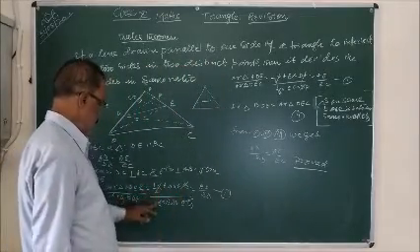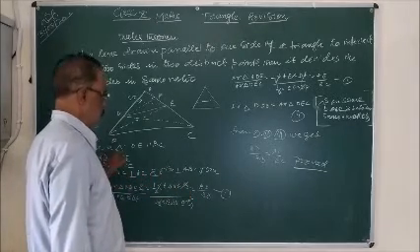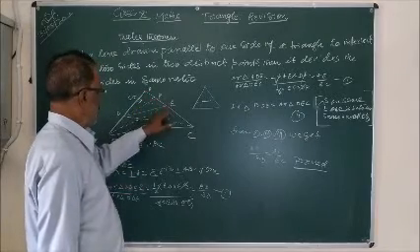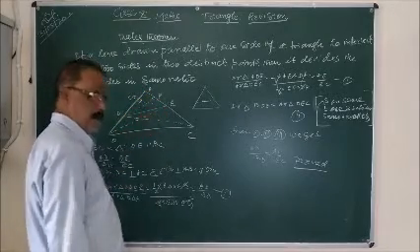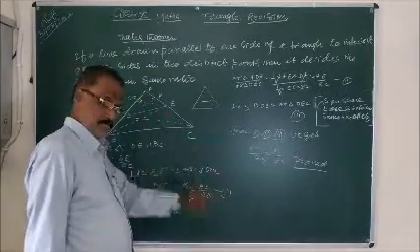EG cancels, half cancels, AD by DB. Left side we have got. Now you see right side AE and EC. The triangle is the same, but we have taken base AE.